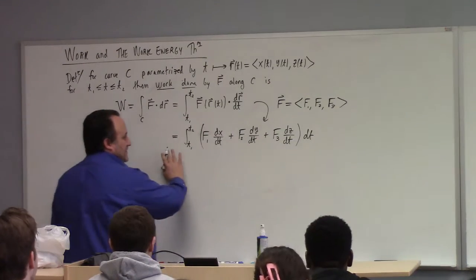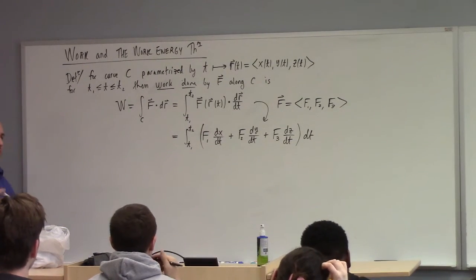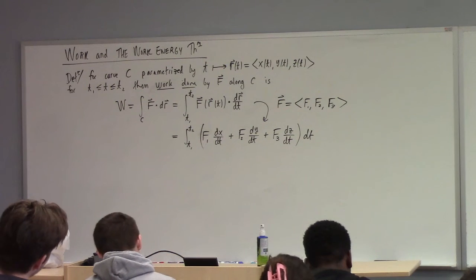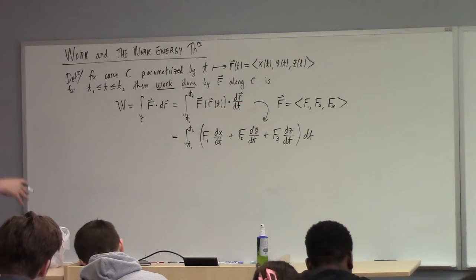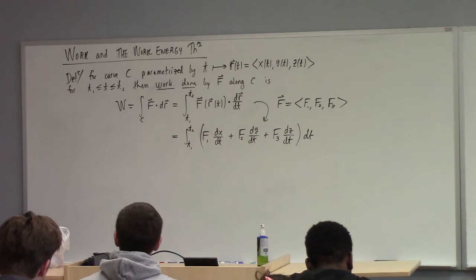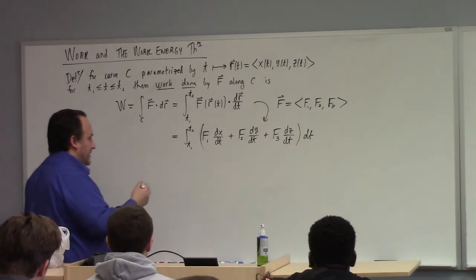And so this here is actually what you have to integrate. Here the F1, the F2, and the F3, you have to take whatever the formula is that defines the vector field, and you have to plug in the details of the path that you're finding the work along to do that. We'll work an example here shortly.